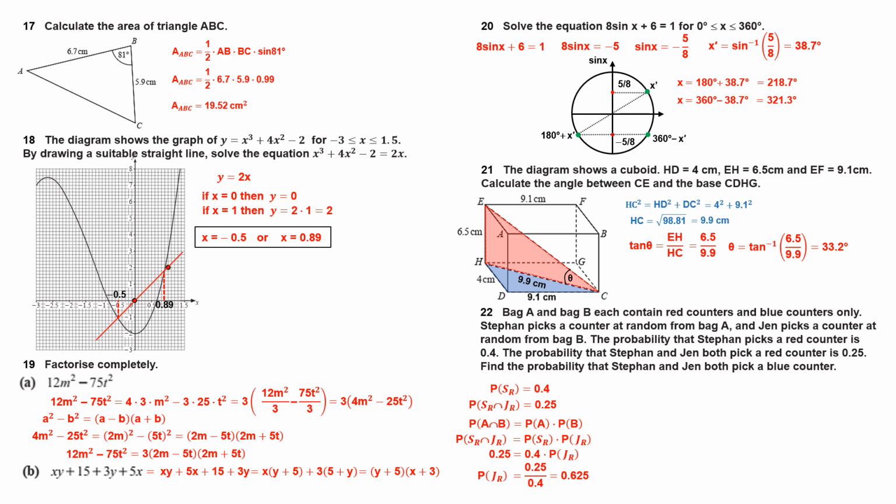Additionally, the probability of picking a blue counter is the complement of picking a red counter. This means you can also determine the probabilities of Stefan and Jan picking blue counters.